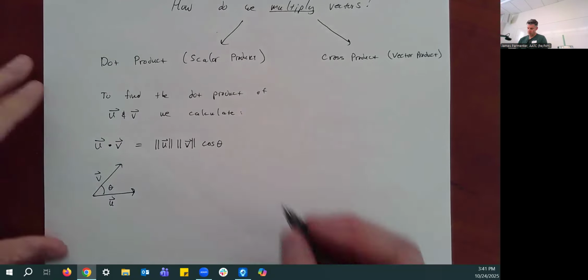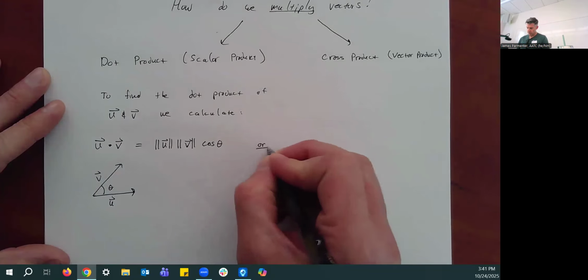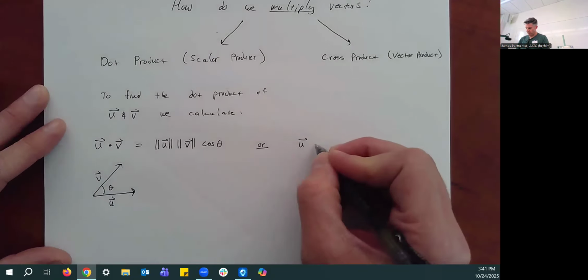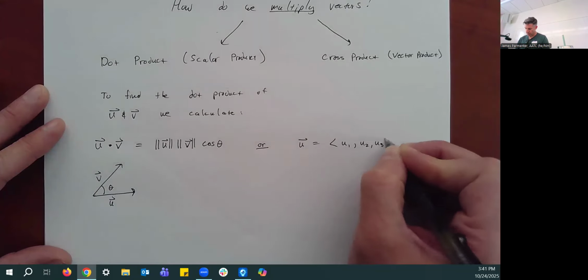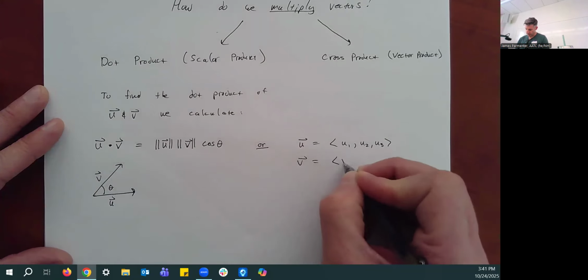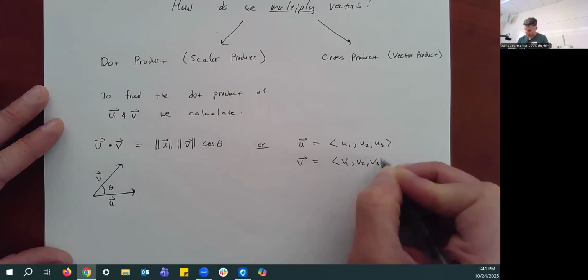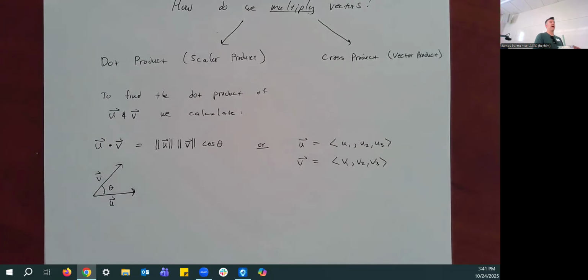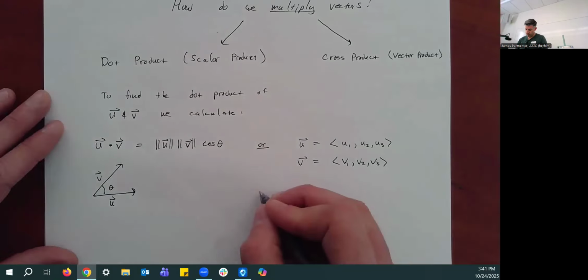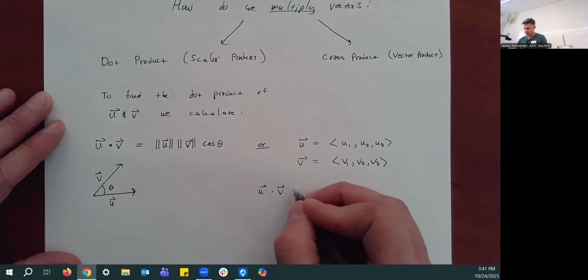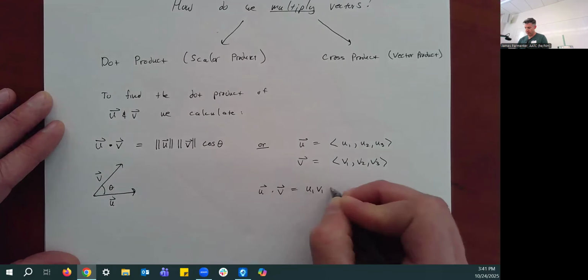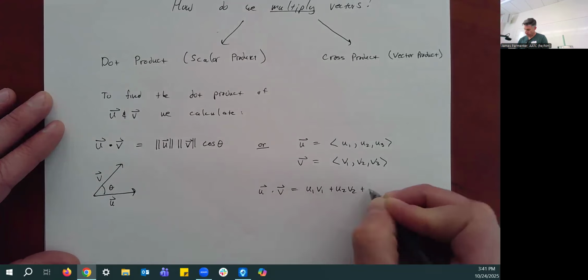But really, if we know the components of U and V, so U equals U1, U2, U3, and V equals V1, V2, V3, or for the dot product, as many components as you want, this would work for a vector with 4 or 5 or 17 dimensions, all we do is multiply the corresponding components together and add up the results. So U dotted with V is U1 times V1 plus U2 times V2 plus U3 times V3.